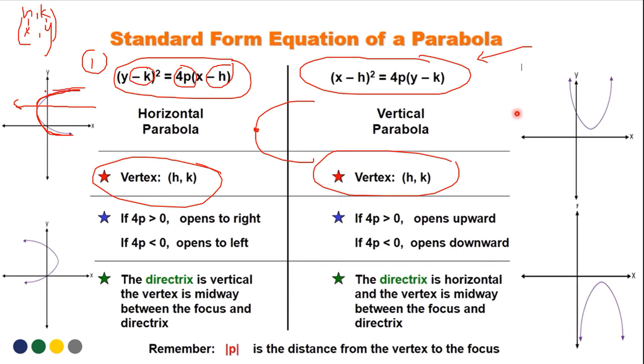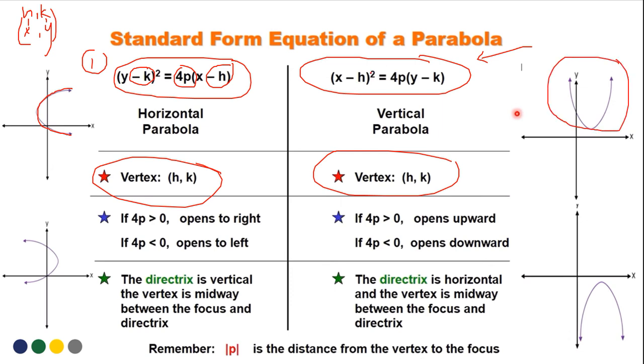Pero, yung front ang ating basehan para ma-identify mo kung sino yung naka-squared. So, since ang opening niya is to the right, ang naka-squared po is y kasi nakaharap po siya sa y. Kahit na nag-pasan niya yung vertical na axis, still, yung naka-squared din is y. Tingnan nyo dito.